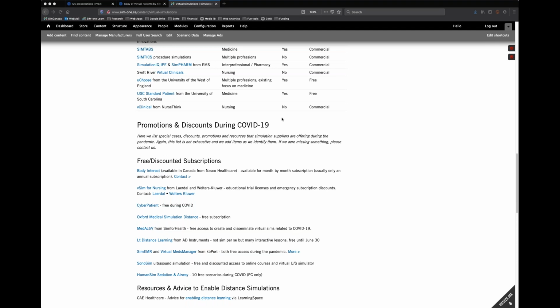You can have your learners collaboratively decide what actions to take next and discuss pros and cons of different actions, see what the consequences are, and then as a facilitator, you have the ability to intervene if you see people getting confused or off track, or allow them to make their decisions and wait till the end, and then do a post-case debrief, like would be more common in a mannequin-based simulation.